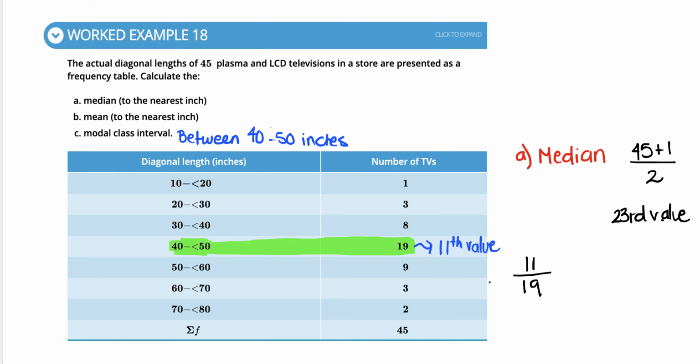And what is the range here? This goes from 40 to 50, which means the range is 10 inches, so I'm going to multiply by 10. So it's the 11th value out of 19, times 10 inches.